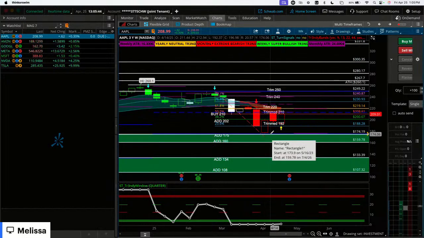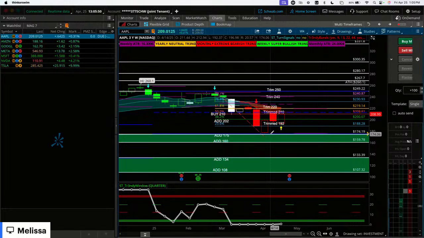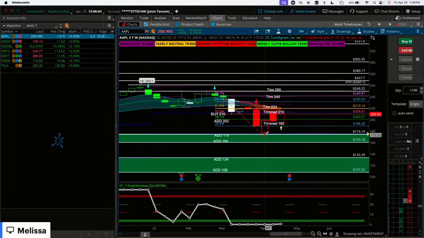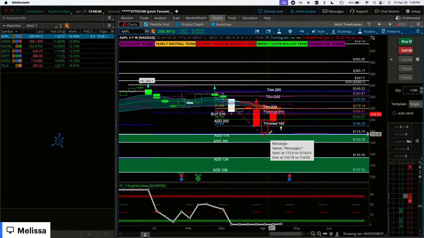Now, that is as far as we dipped on Apple. I was then allocated almost 50% of my total allocation there that I would invest in Apple because we were at the lower yearly edge. I want to be at least 50% allocated by the time these names reach this lower yearly edge.